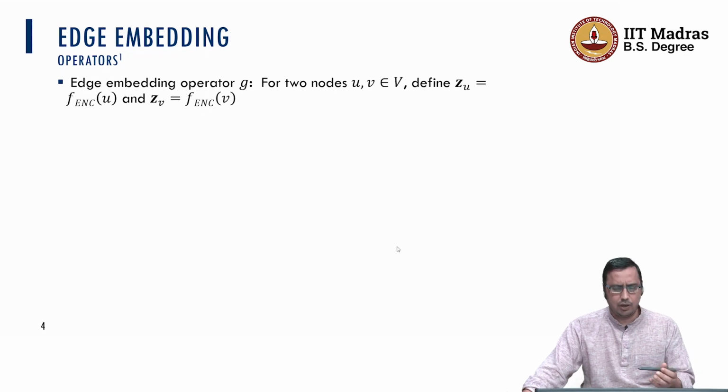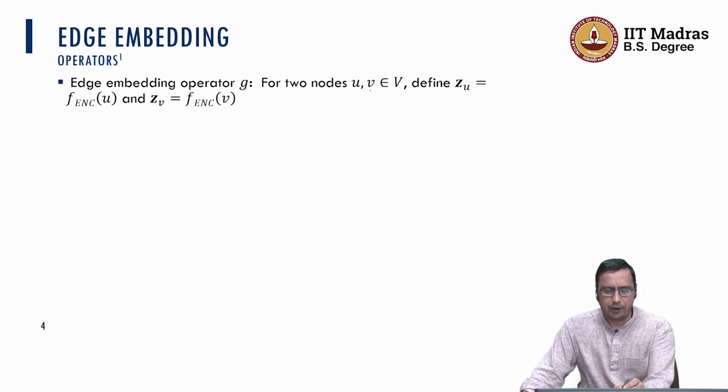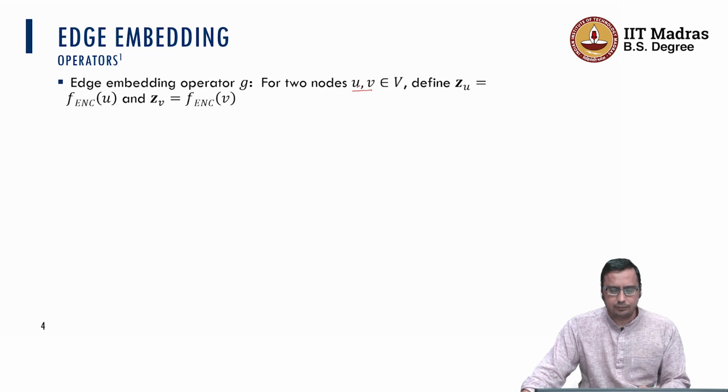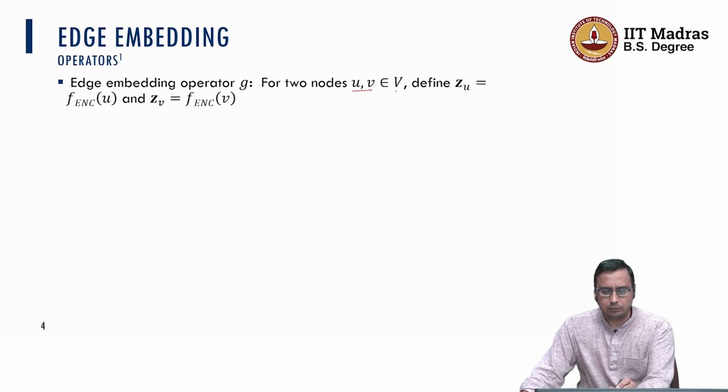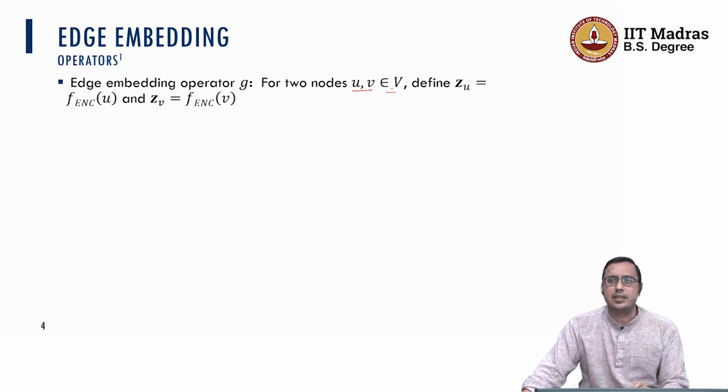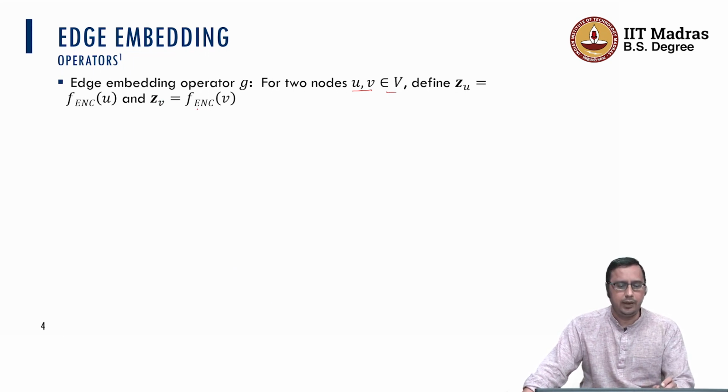So let's take two nodes U and V in node set V, and we have already defined Z_U through our encoder function F, which gives you the embedding for node U. Similarly, we can get the embedding for node V using our encoder function on node V.